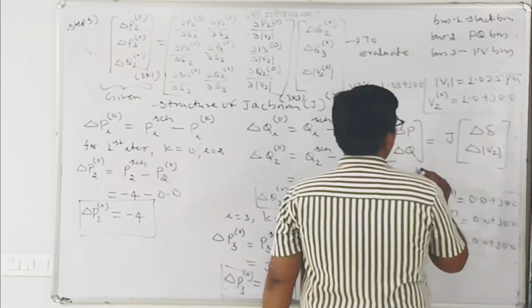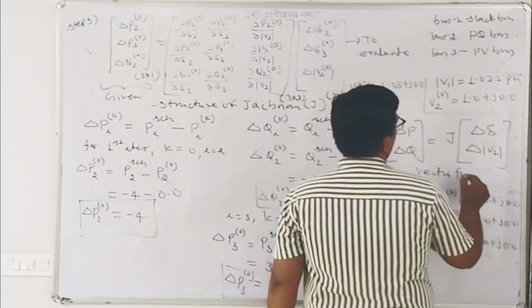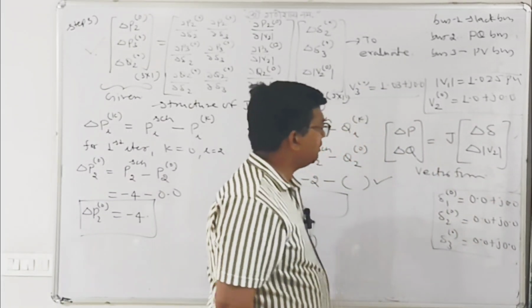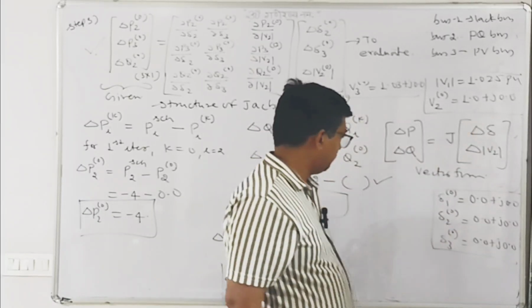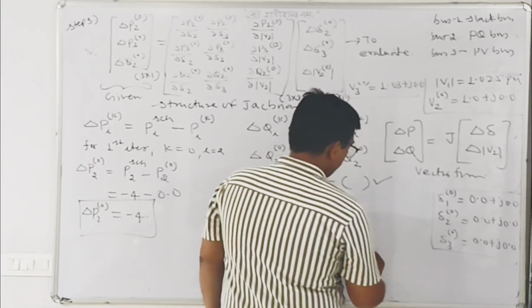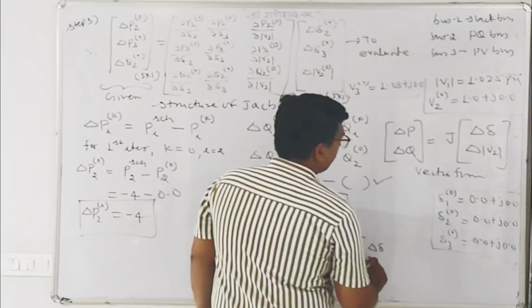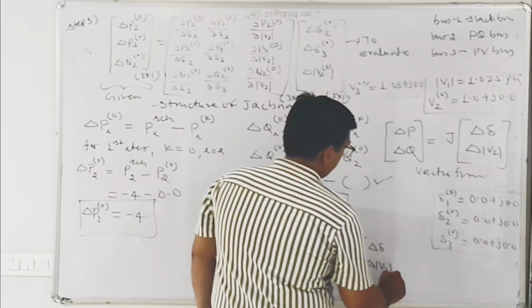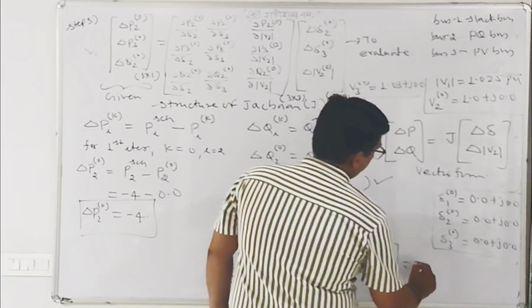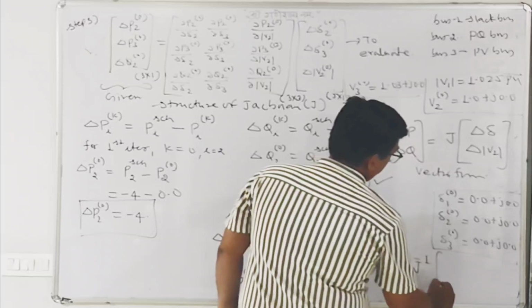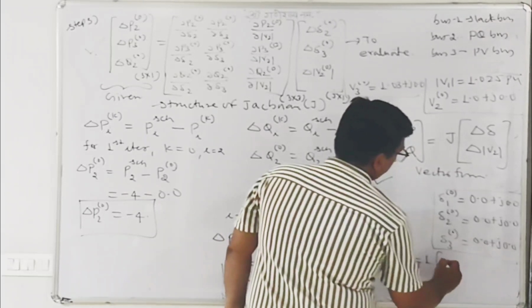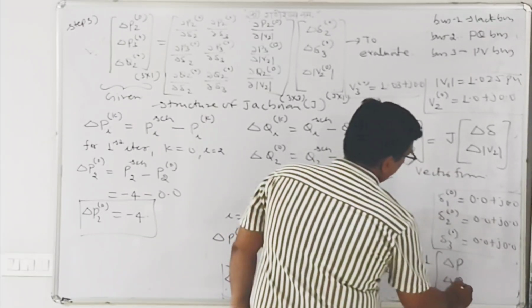Now this representation is called the vector form. So basically we have to determine this quantity. What is this quantity? Delta delta and delta mod of V2 will be J inverse of delta P and delta Q.